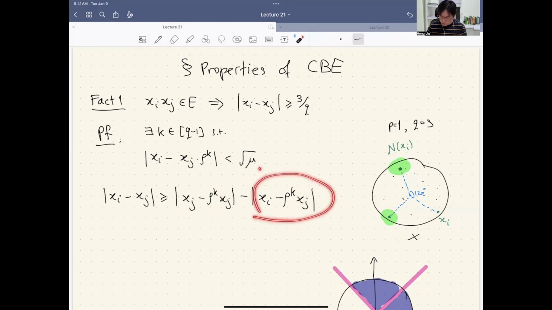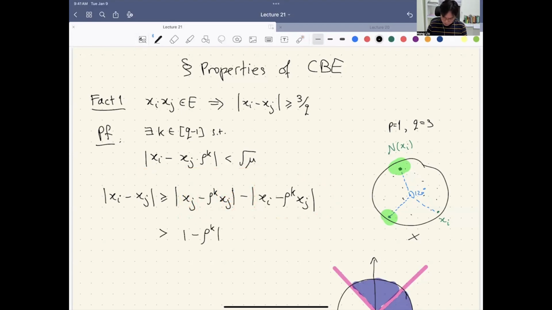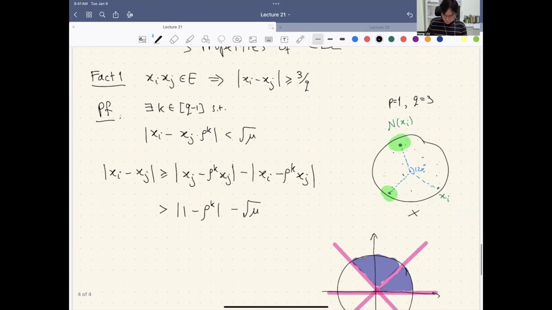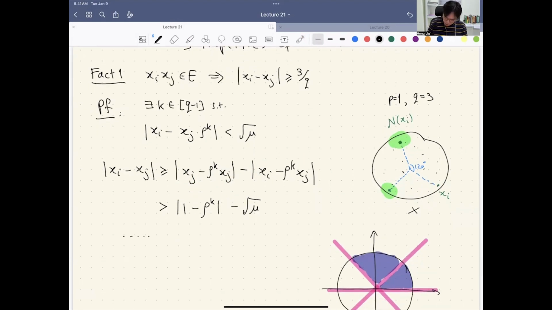This is small because of this, and this one you can extract xj. xj is a unit vector, so it's basically 1 minus rho^k. So this is strictly bigger than 1 minus rho^k minus the small error term, square root of mu. And then there's some calculation. One can compute that this is bigger than 3 over q. I will skip the calculation. All right, the calculation is not so interesting.